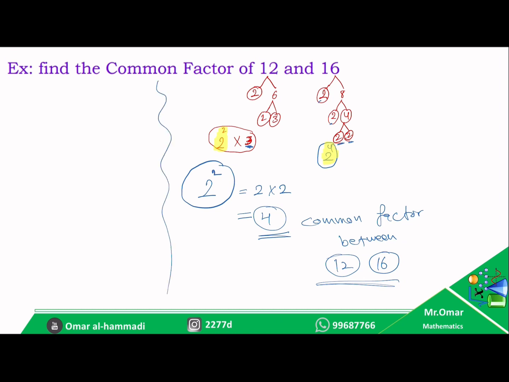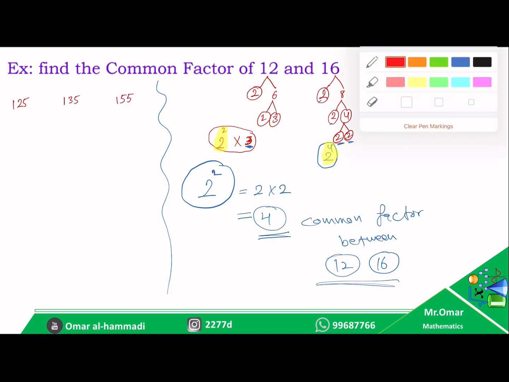If, for example, we have a big number, for example, between three numbers, for example, we have 125 and 135 and 155. We want the common factor between these three numbers. Don't worry, please. First of all, 125, we will divide it by 2, we will not have a result. Also 3, we will divide it by 5.